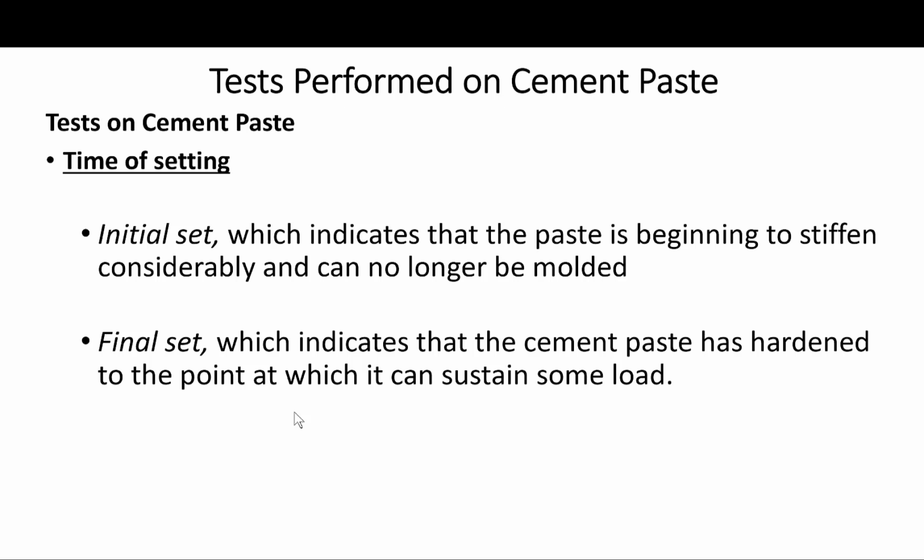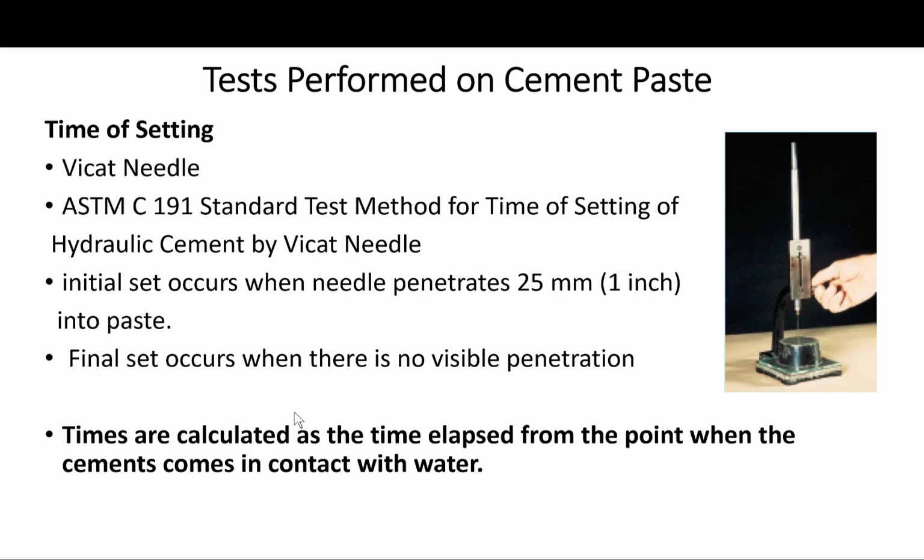There are two commonly accepted test methods for determining the setting time of cement paste. They are both carried out on paste of normal consistency. The first test is measuring the time by the Vicat needle, and you can see this is a photo of a Vicat needle apparatus according to ASTM C191.